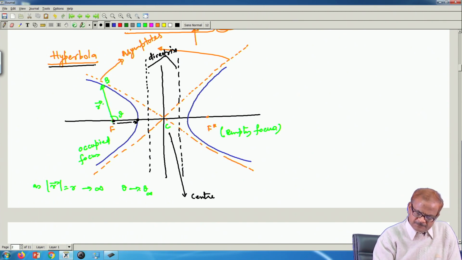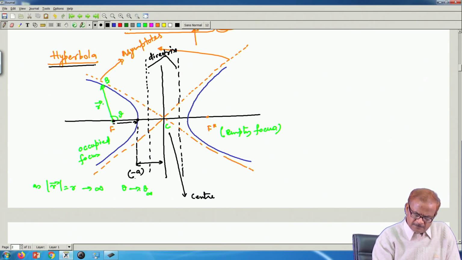So, the distance from the center to the periapsis will be written as minus a. The distance to the directrix we will write as a by e.